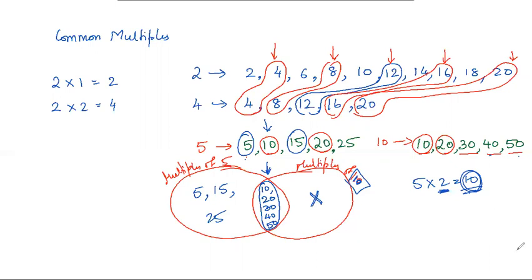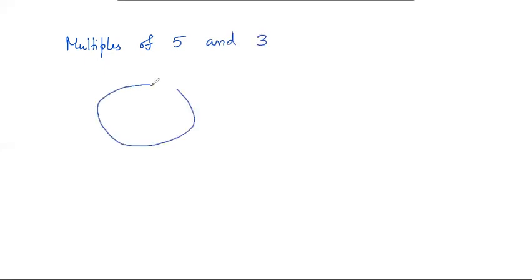Right. I'm going to give you one more example here. You have to find the multiples of 5 and 3, okay? And write them in this common table. How can we do it? This is for 5 and this is for 3. The first 5 multiples.